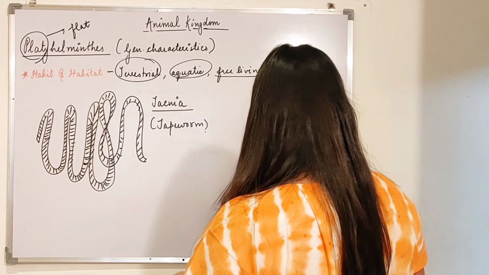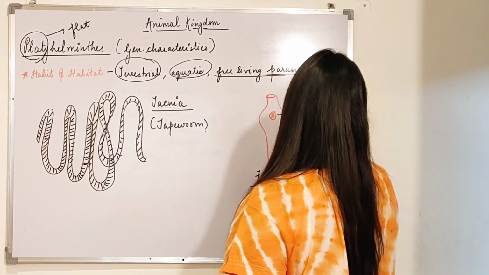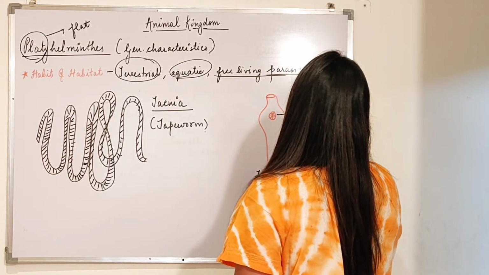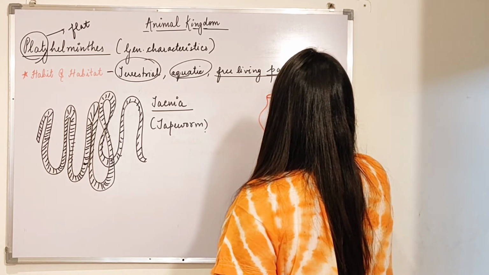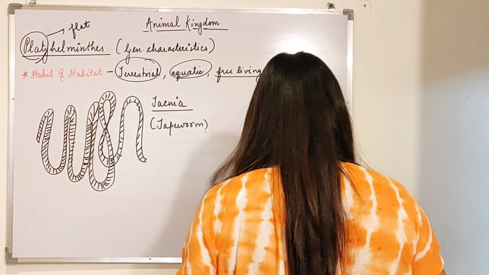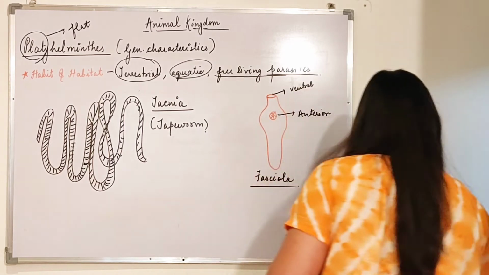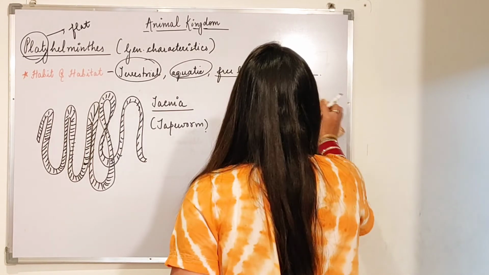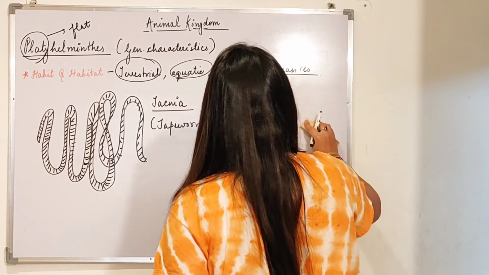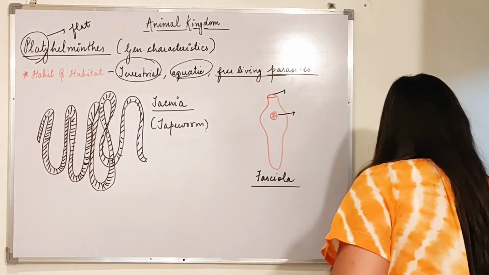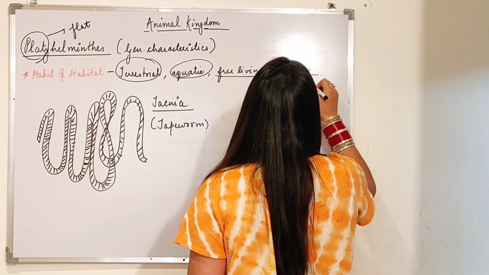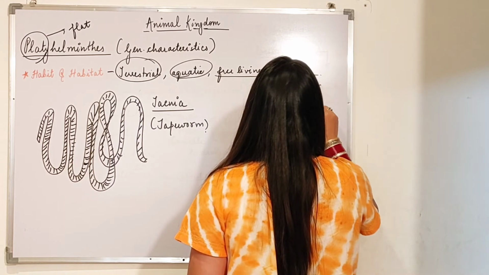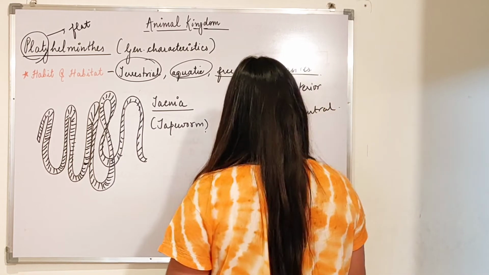The second one is the fasciola. It has two features. This is the anterior portion. This is the ventral portion. Okay.